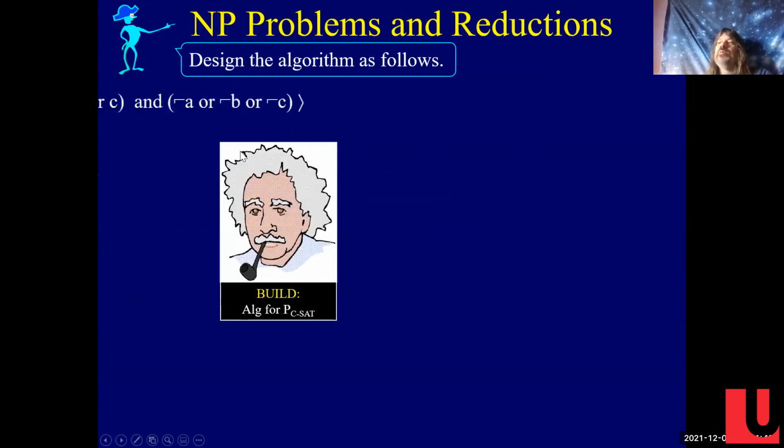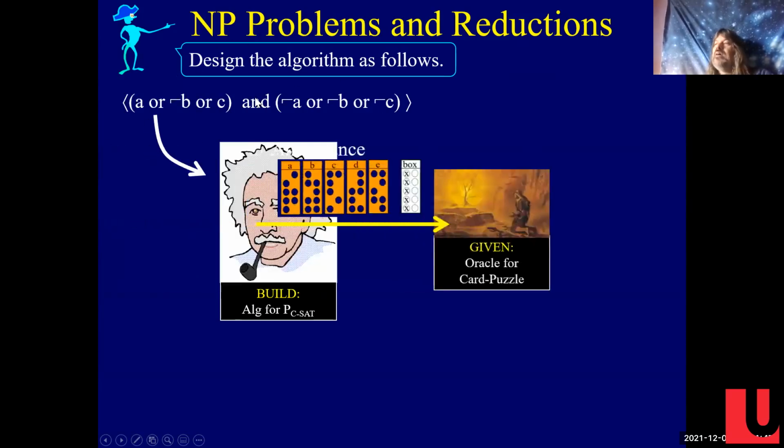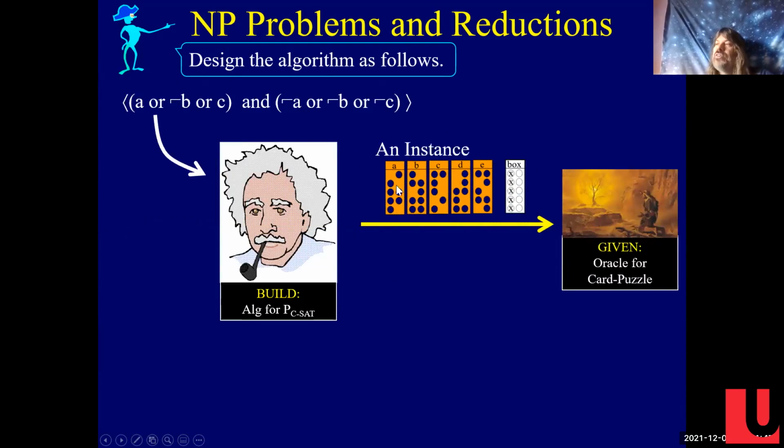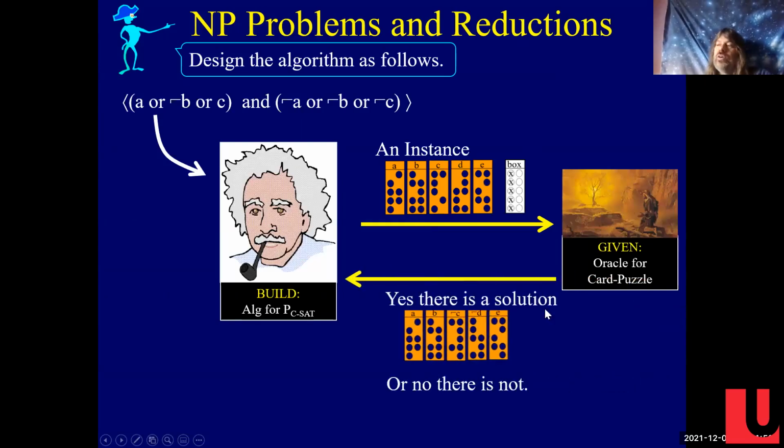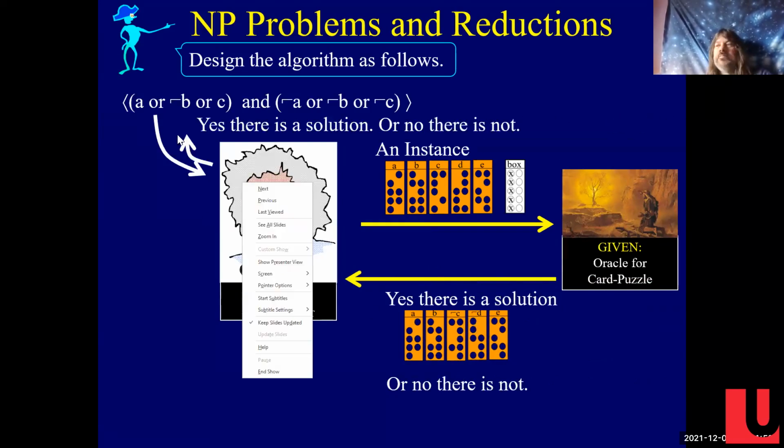And how does the algorithm work? You give me a bunch of clauses, I translate those clauses into a bunch of cards. The oracle tells me whether there's a solution to the card problem, and I give the same answer, right?